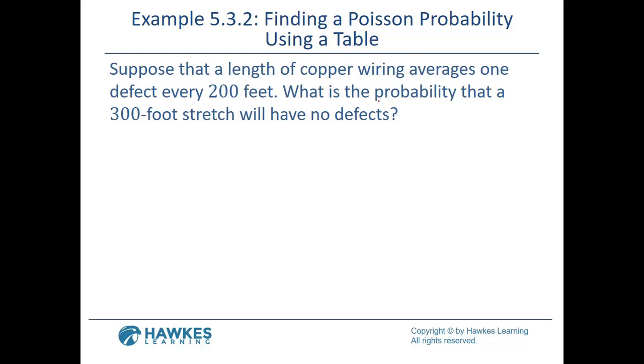Okay, again, noticing: probability that a 300-foot stretch will have no defects. So basically, we're looking for a probability, which means my answer should be between 0 and 1. What I do know here is that the length of wiring averages 1 defect per 200 feet.